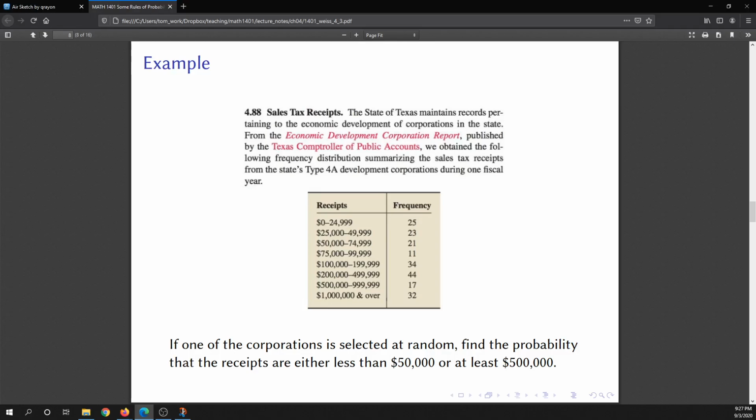If one of the corporations is selected at random, find the probability that the receipts are either less than 50,000 or at least 500,000. So let me write that down. We want the probability that the receipts are less than 50,000 or the receipts are at least 500,000.